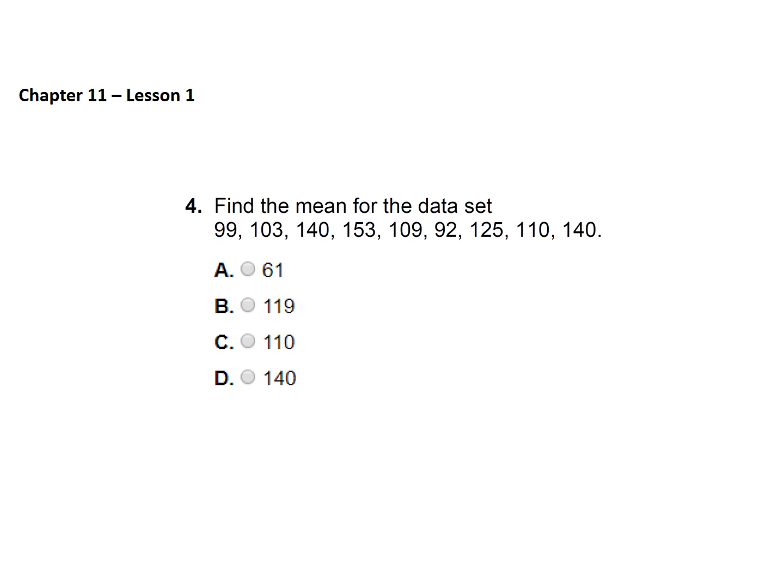When we add these values together, we get 1,071. Next, we count the number of data points that we have. 1, 2, 3, 4, 5, 6, 7, 8, 9. So we are going to divide 1,071 by 9.